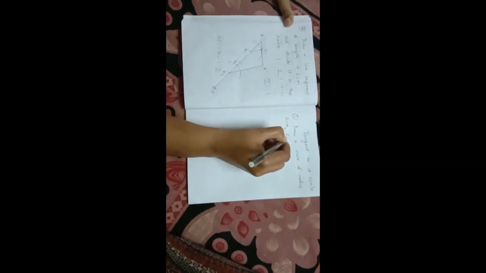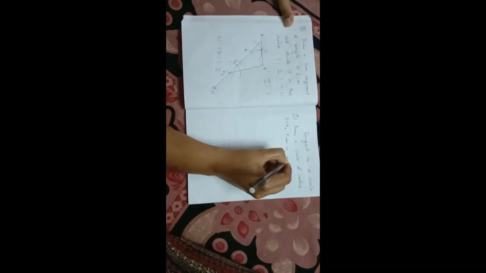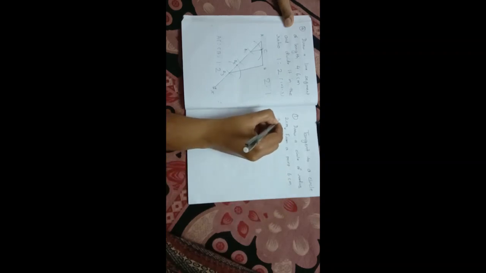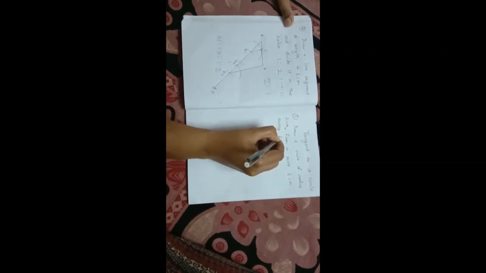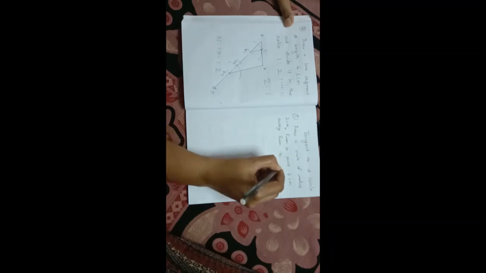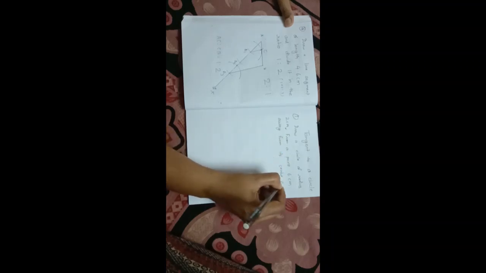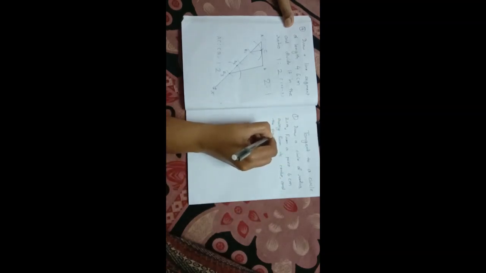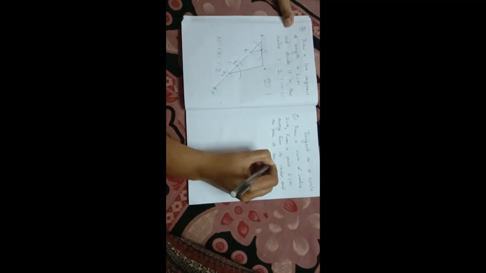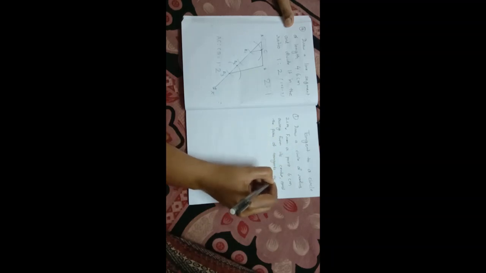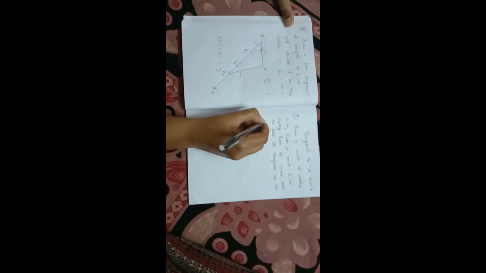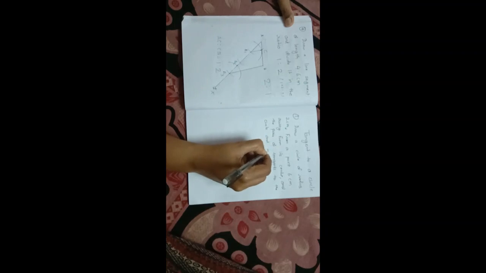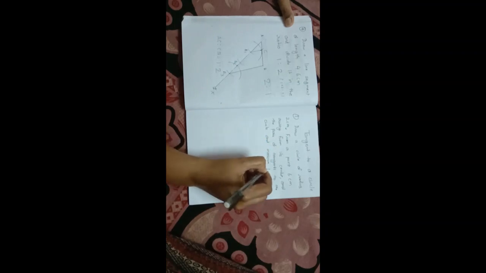Then from a point 6 cm away from its center, construct the pair of tangents to the circle and measure their length.